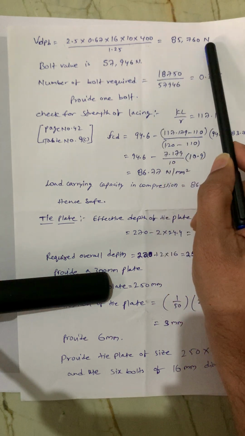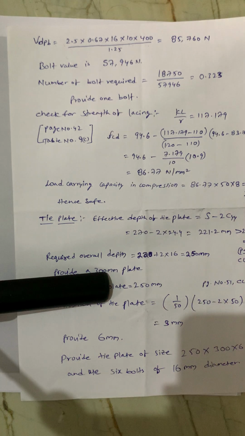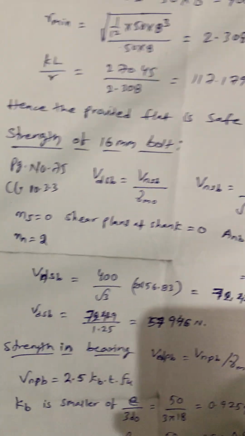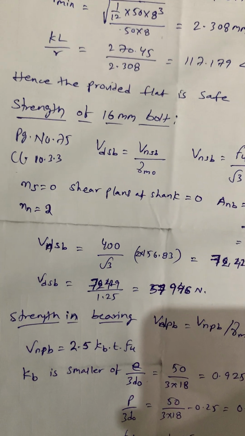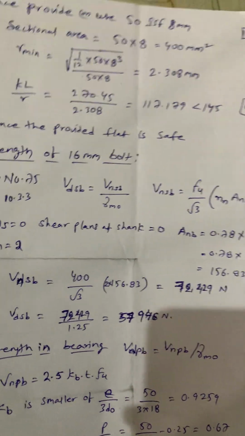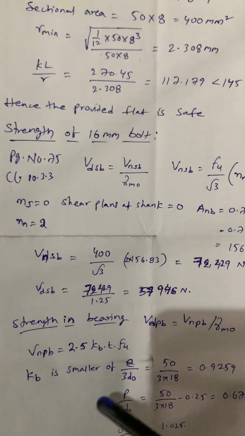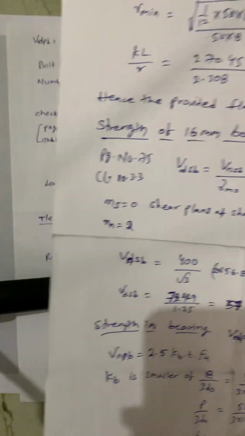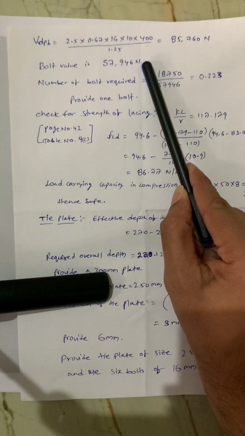I got 85,760 newtons. So the bolt value, according to the code book, is whichever is minimum, we have to consider that, because there might be a chance of failure if the minimum value is exceeded. So 57,946 is the minimum when comparing bearing and shear. That's why the bolt value is 57,946 newtons.